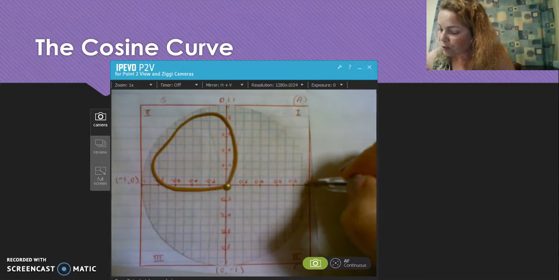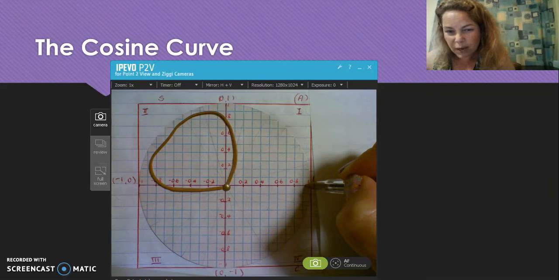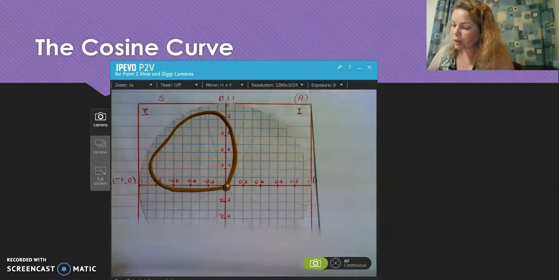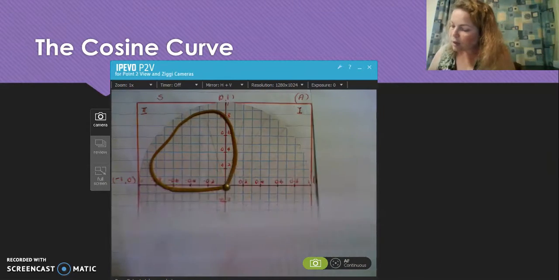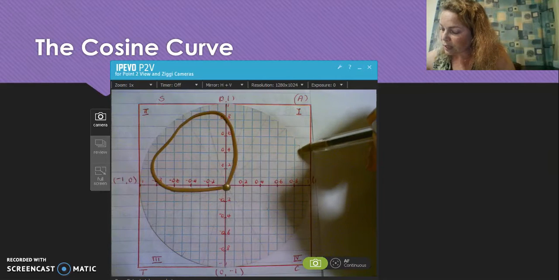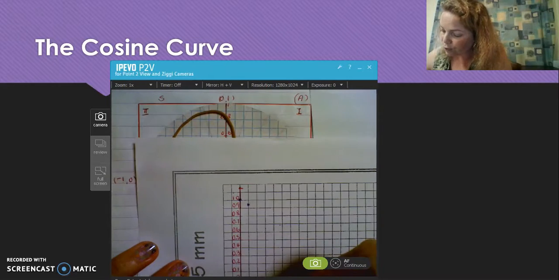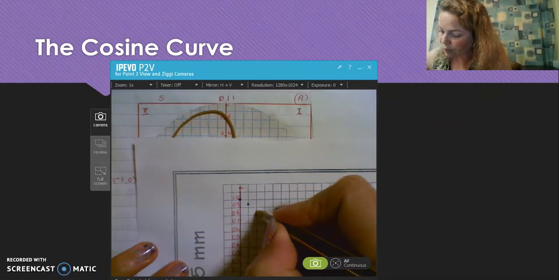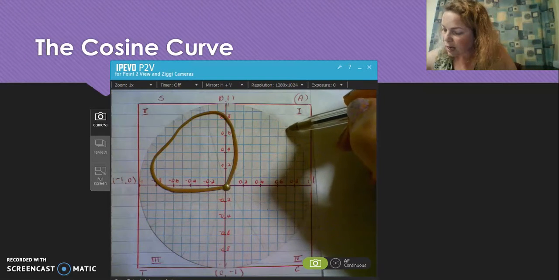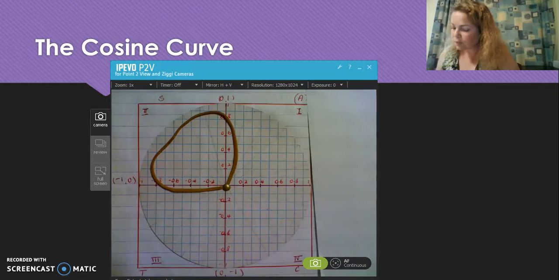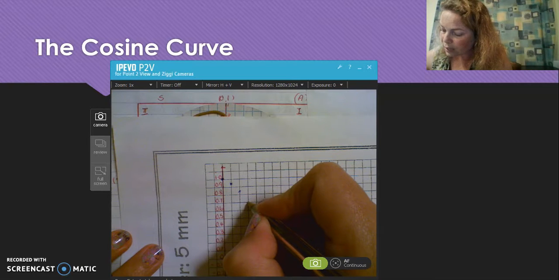Then when I go up to 15 degrees and I drop that down, I'm at around 0.95. So I'm going to mark 0.95 at 15. When I go up to 30 degrees and I drop that down, I'm at about 0.85. So for 30, I'm going up to 0.85. When I go up to 45 degrees and I drop that down, I'm at 0.7. So I'm now going to note that as 0.7.